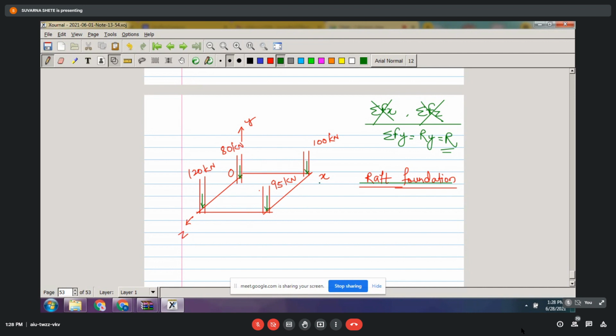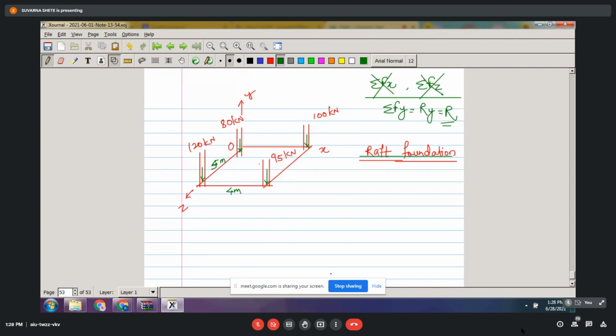So suppose these are the 4 columns, and consider that this is 5 meter length along z and this is 4 meter length along x. Can you tell me how to start with the problem? We know directly that your summation Fy equation is required. So first we can write down our first equation.